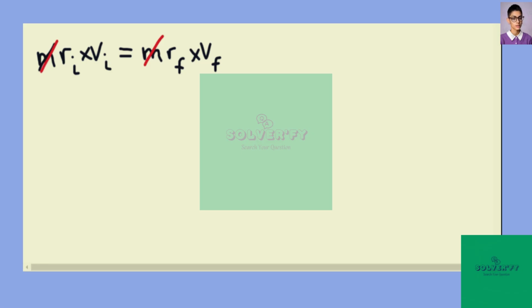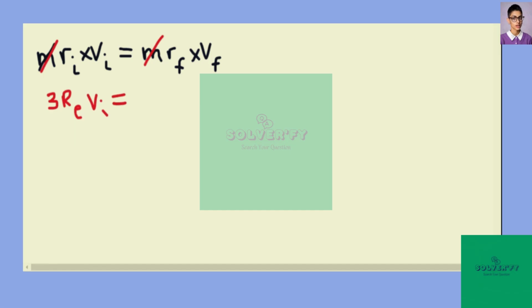And we get, the initial radius is 3r, or is perpendicular to the velocity. It's 3r sub e times vi.